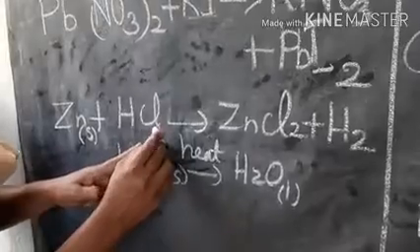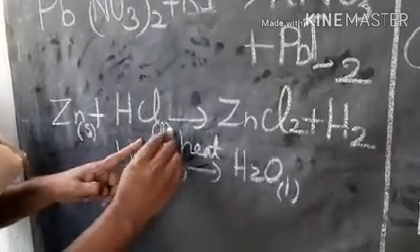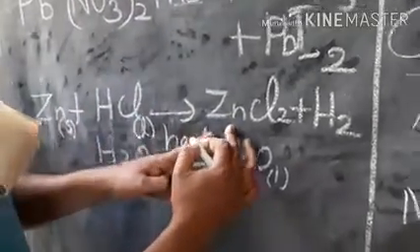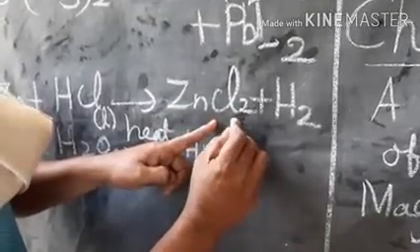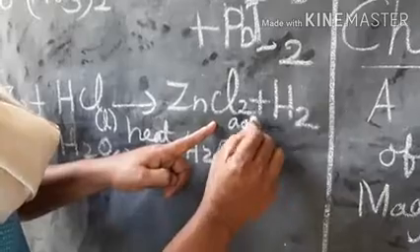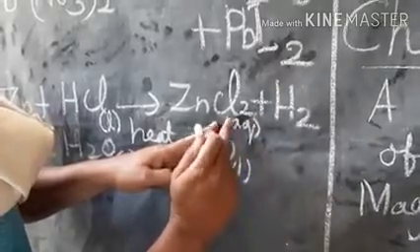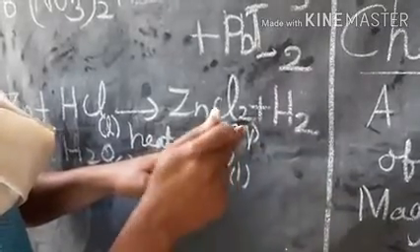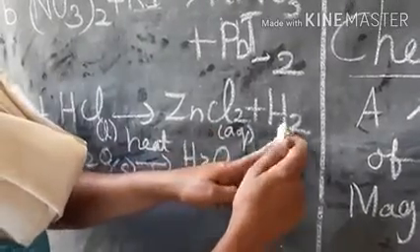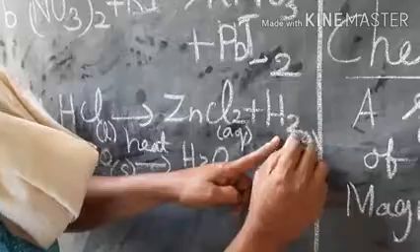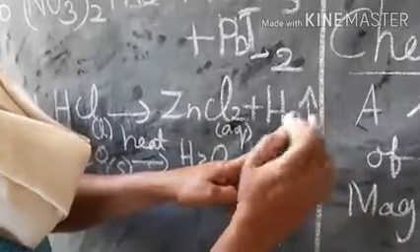Hydrochloric acid is a liquid, so you write it with liquid. And after reacting, what is formed is in aqueous form. What does aqueous mean? The substance which is in solution form. And gas should be mentioned either like this or it should be shown like this.